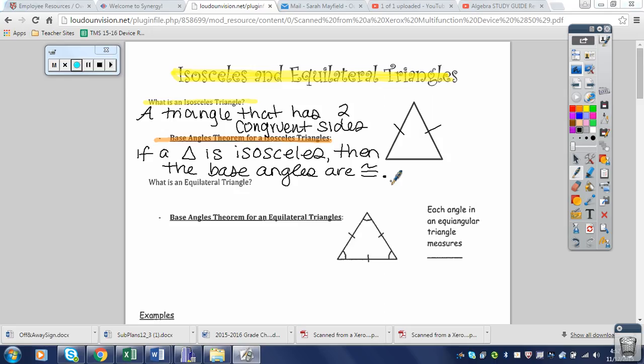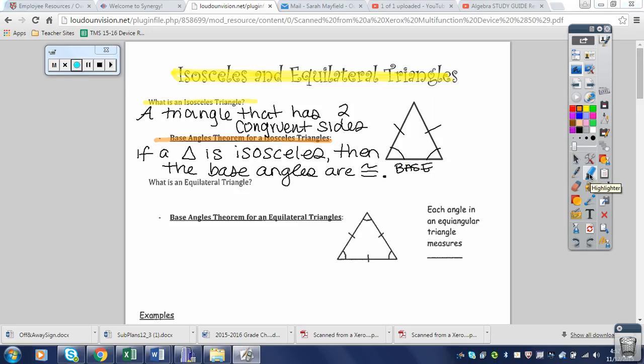So if I look at a triangle, where would its base be? Well, obviously its base is here where it sits, right? So my base angles are here and here. So I know in an isosceles triangle, I have two congruent sides and I have two congruent angles.